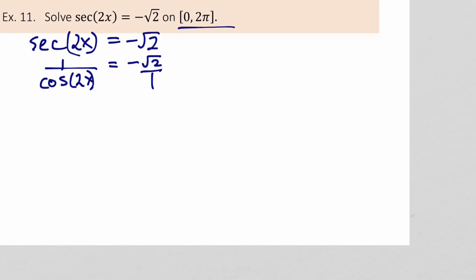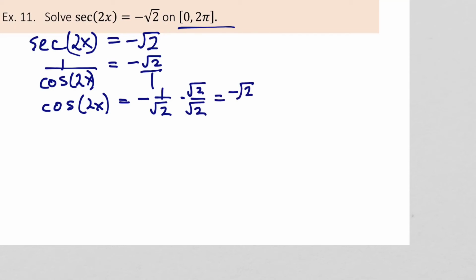If I take the reciprocal of both sides, I'll have the cosine of 2x is equal to negative 1 over root 2. And if I rationalize the denominator, I'll get negative root 2 over 2, which is one of our values of cosine for our 45-degree angles on the unit circle.